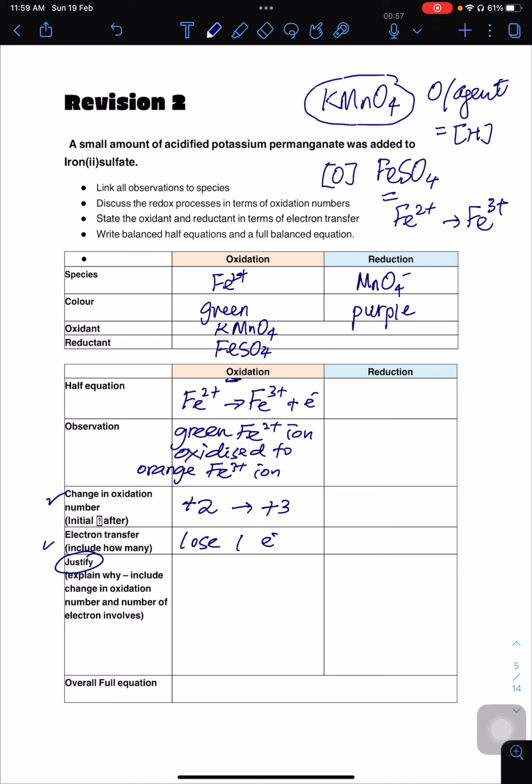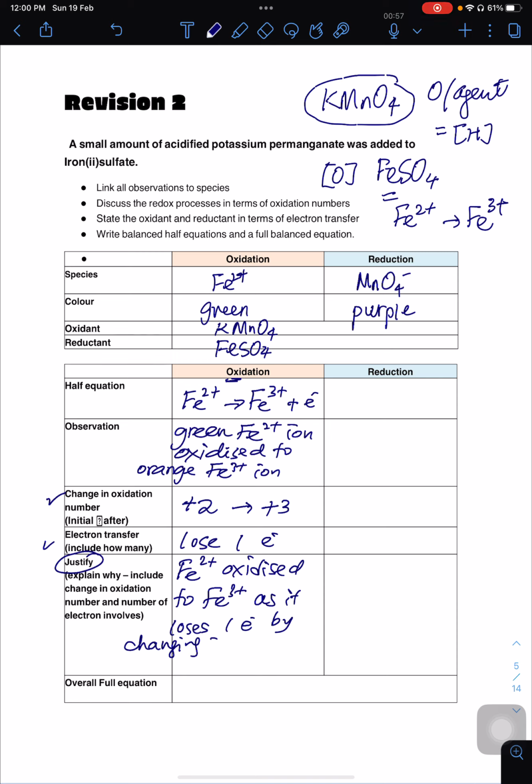In this case, we have iron(II) ion oxidized to Fe3+ as it loses 1 electron, by changing its oxidation number from +2 to +3. So this is one half of the answer.